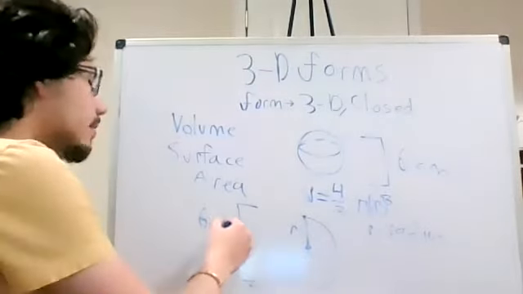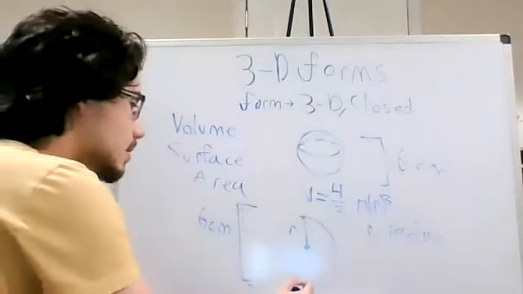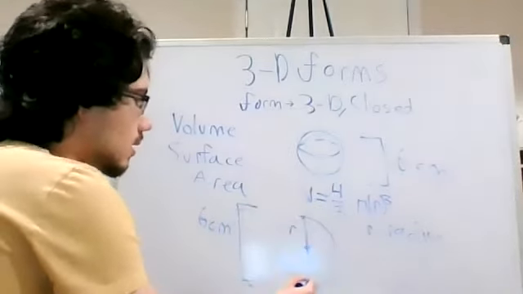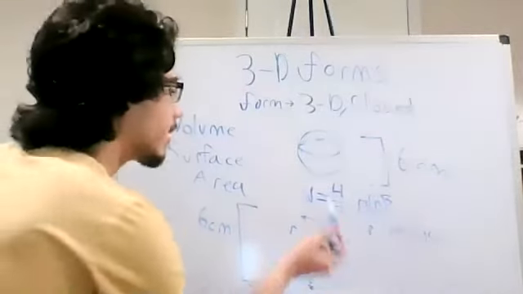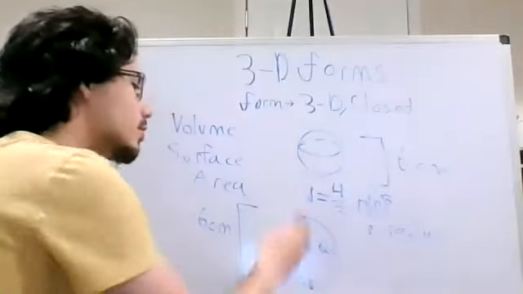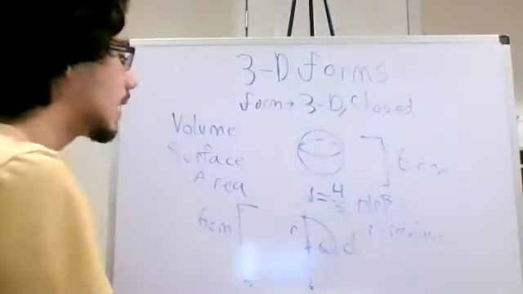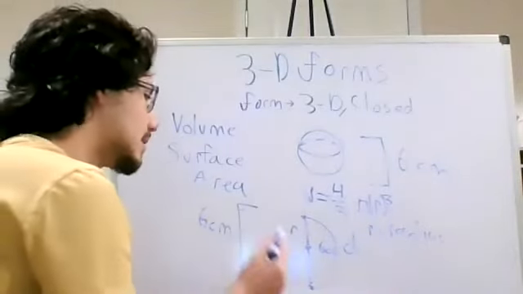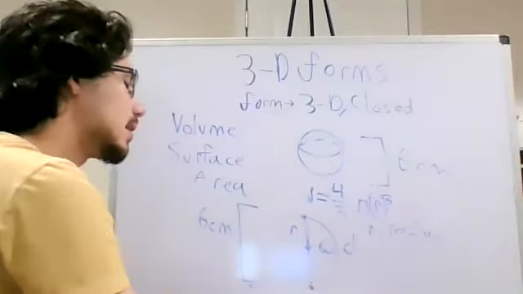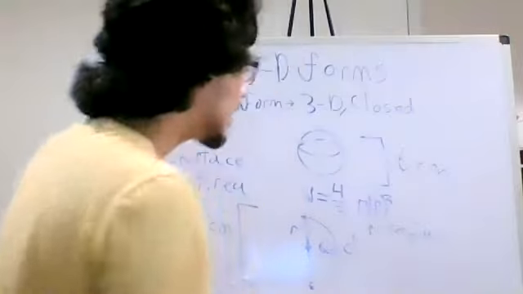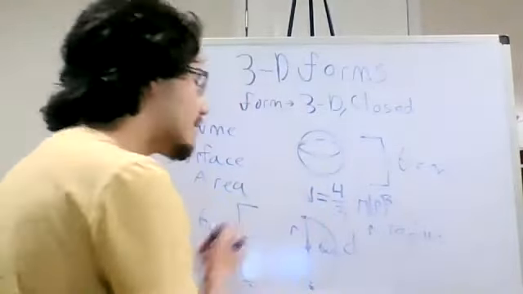And we know from our measurement that the top of the circle to the bottom of the circle is 6 centimeters. If you draw a line through the center from the top to the bottom, this is called a diameter. What we measured here is the diameter, 6 centimeters. So to find the radius, which is from the center to the outside of the circle, it is half of the diameter.